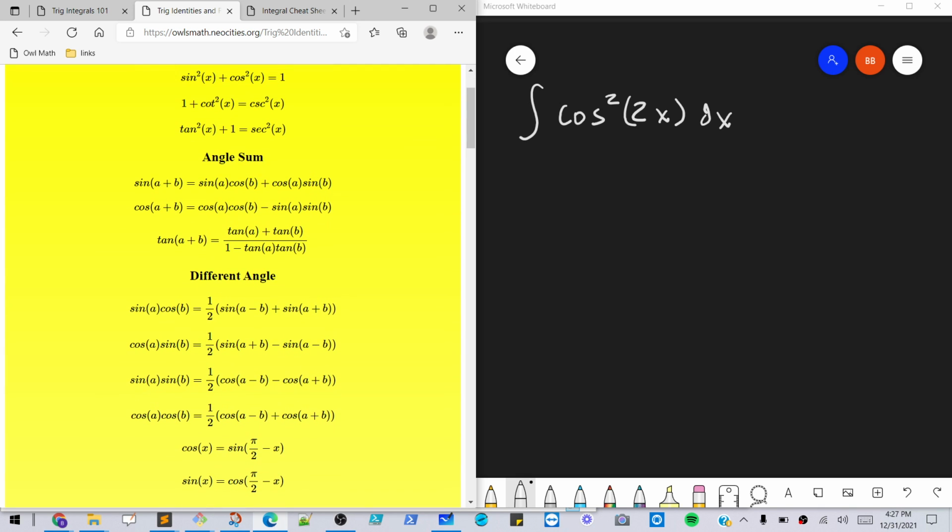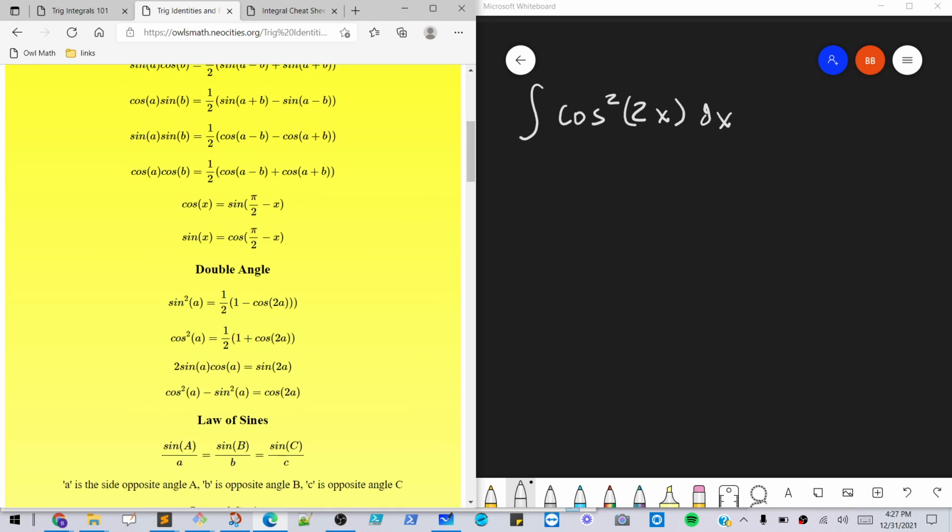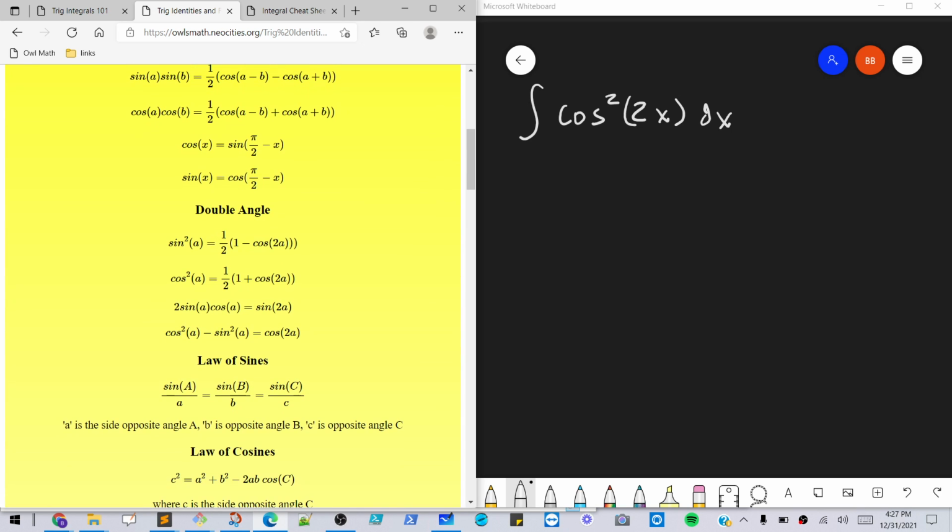Okay, so the double angle formula right here: cosine squared of a equals a half times 1 plus cosine 2a. Let me rewrite that using this format.